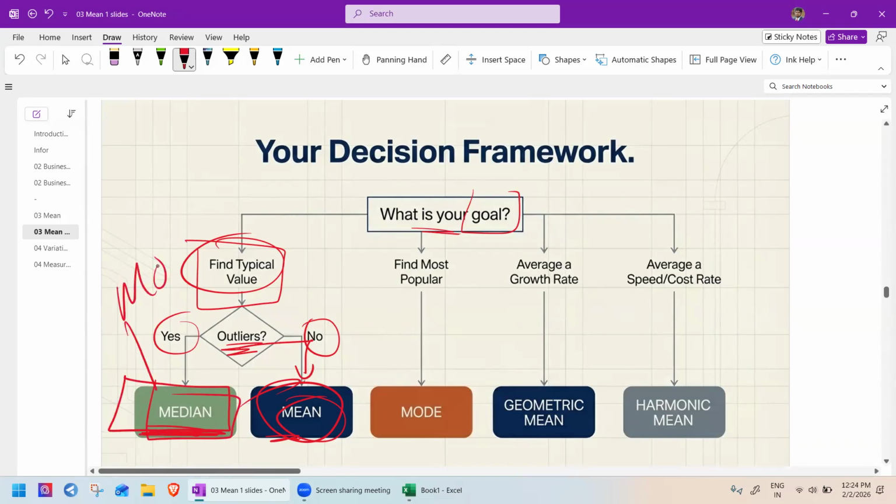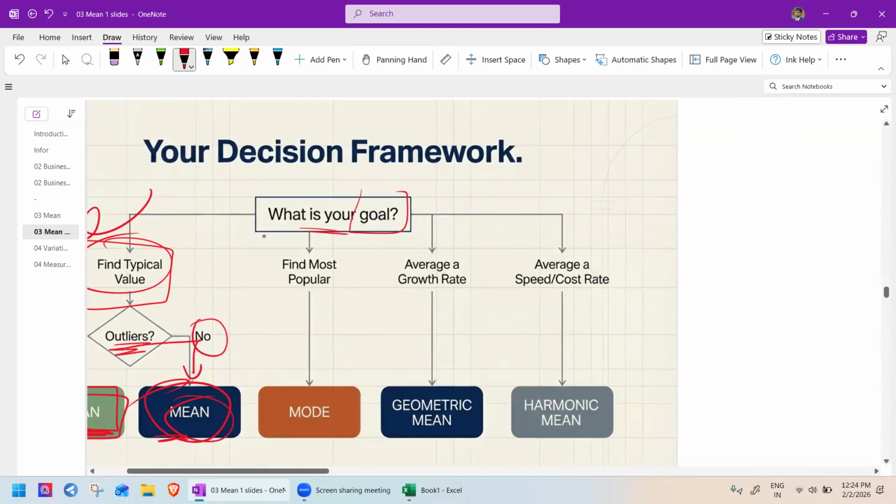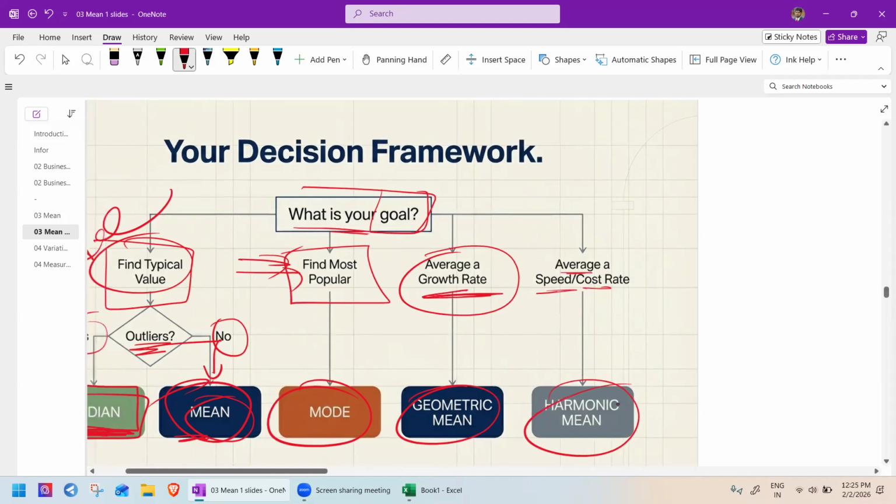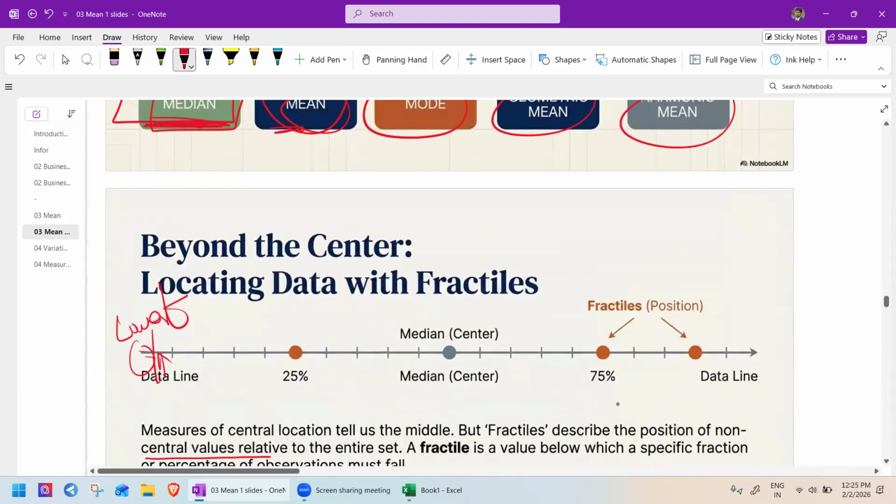Sometimes we may use the mode. If our goal is to find the most popular one, we may apply the mode. To find the average growth rate, we may use the geometric mean. For average speed or cost, we may use the harmonic mean.